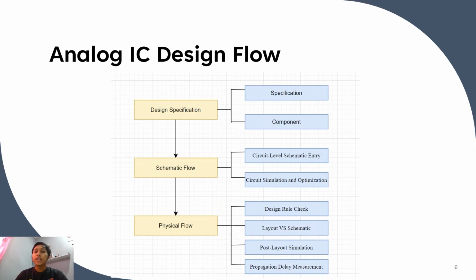For circuit simulation and optimization, we analyze using various software algorithms which predict and verify the behavior and performance of the circuit. The physical flow has design rule check, layout versus schematic, post layout simulation, and propagation delay measurement.